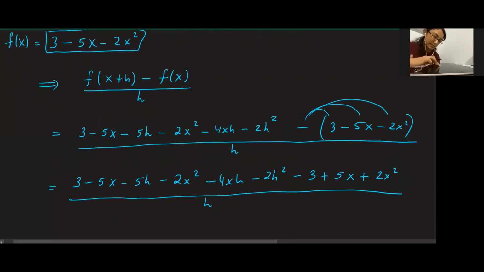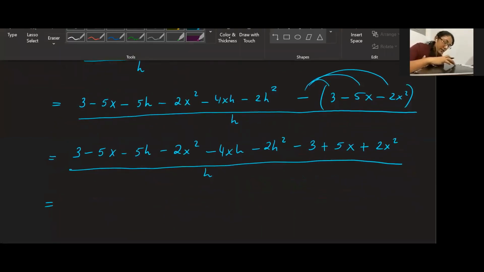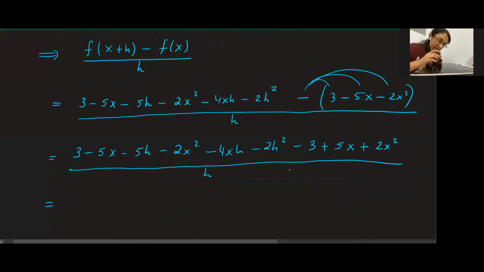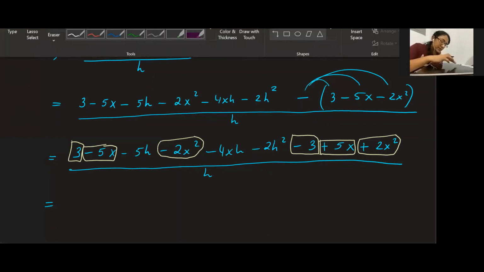And then we just continue to simplify this. So let's see which ones cancel. So 3 and negative 3 will cancel out. And then negative 5x and positive 5x, they will cancel out. And then negative 2x squared and positive 2x squared, they will also cancel out, which will give us what's left over.